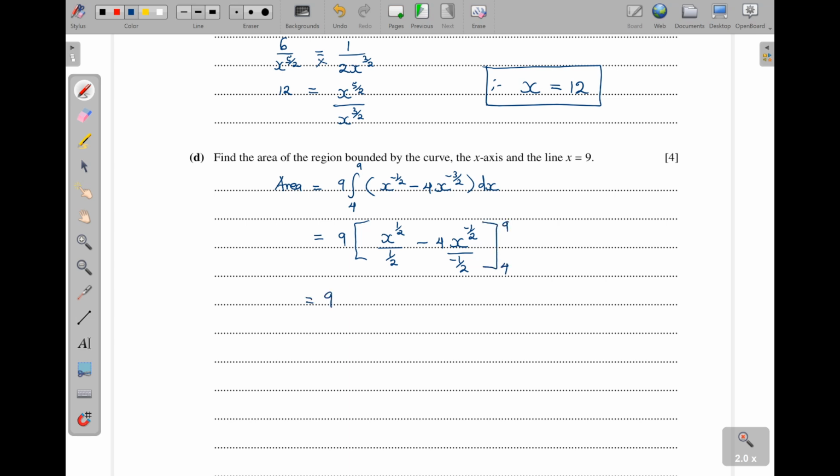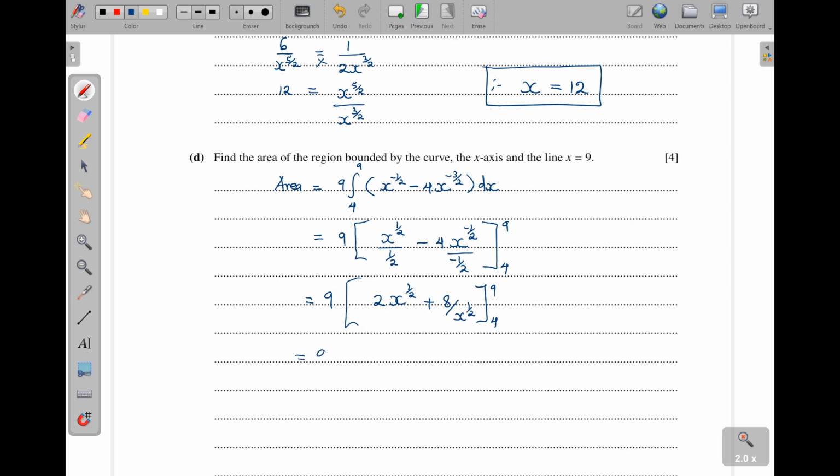But first we need to simplify this. Of course, this one will somersault, and then we shall get 2x to the power of a half, and then minus, is it a minus? This is a minus and a minus. That one is going to be a plus, okay? So we shall have plus 8, because this 2 will somersault and then multiplies with that 4. And then I'll take this one down, x to the power of a half, then 9, 4.